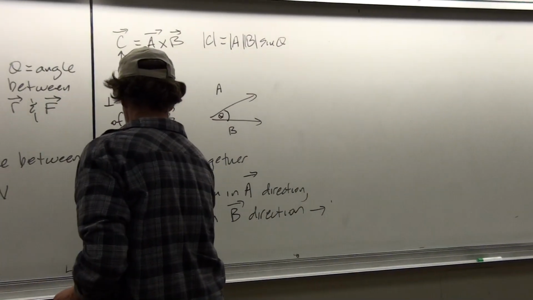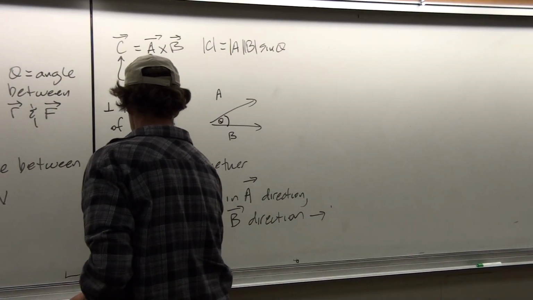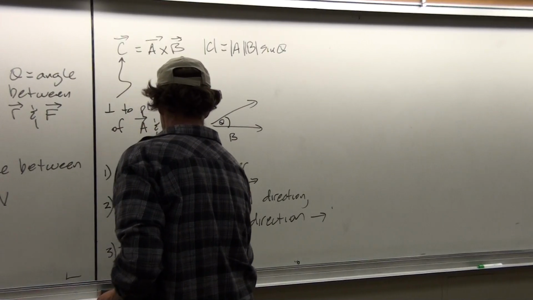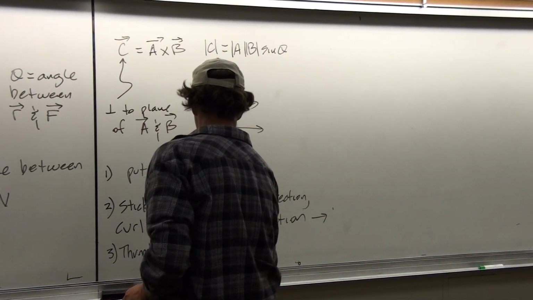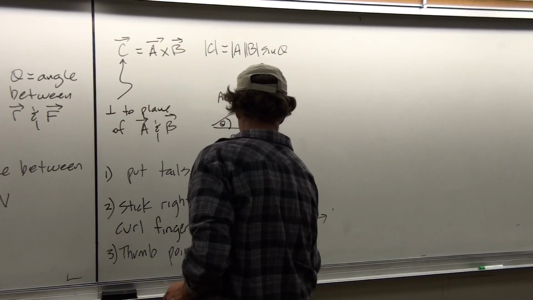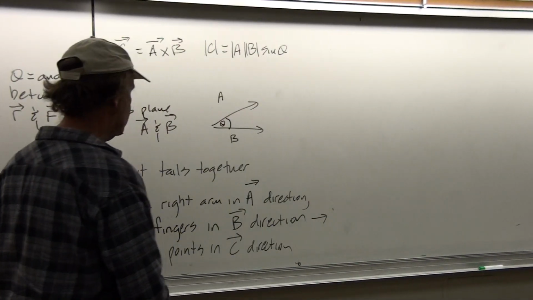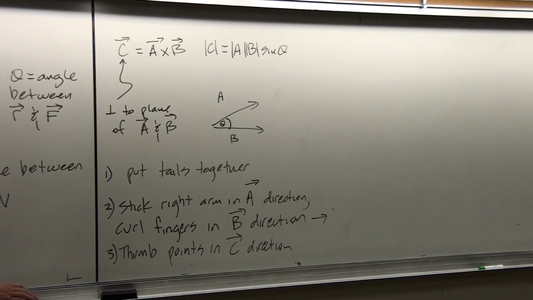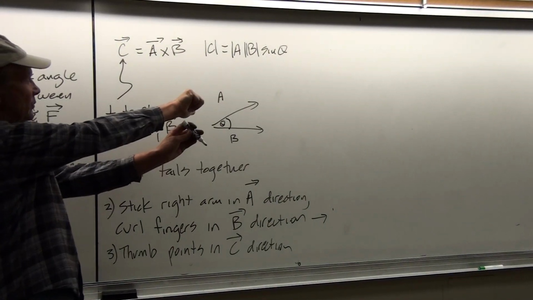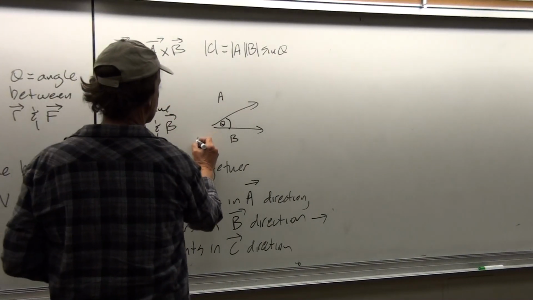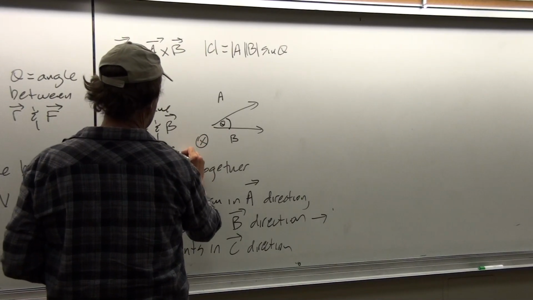Then just look at the direction of your thumb. That's going to be the C direction. Okay, so for this problem, A cross B is going to be C. So C is into the board.